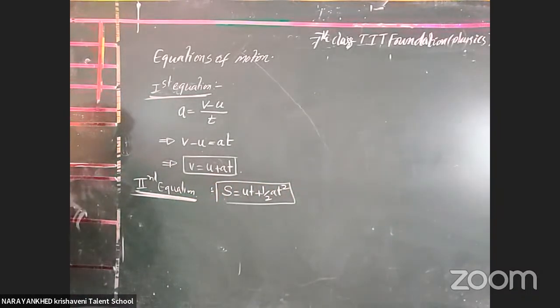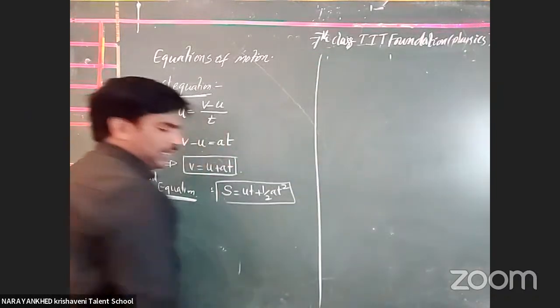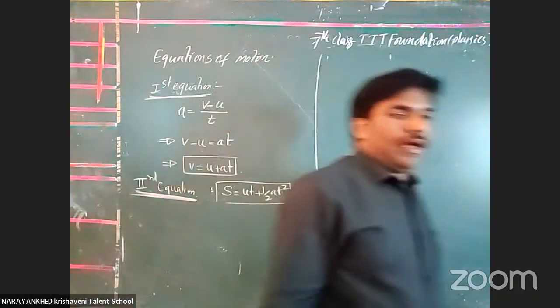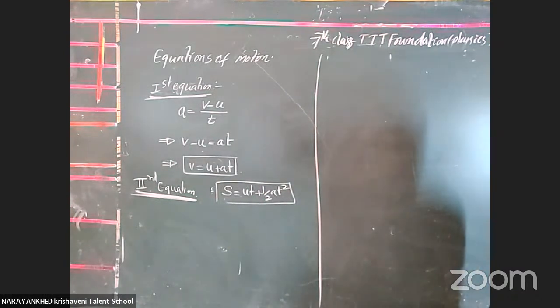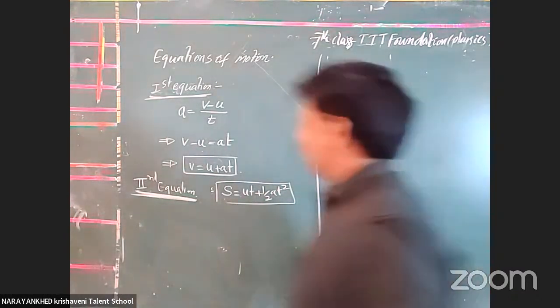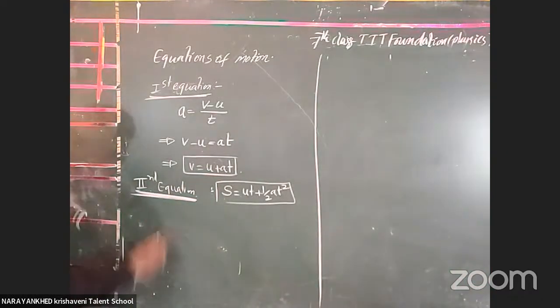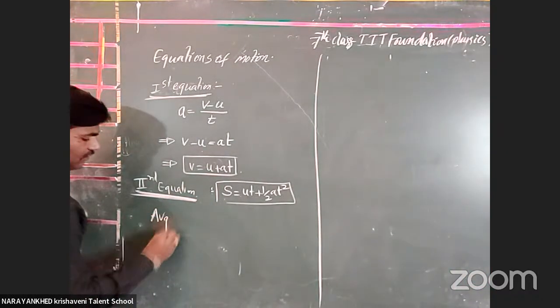How to derive it? For this purpose, we take the traveling distance, the initial velocity and the final velocity. First, you have to take the average velocity. What is the average velocity?